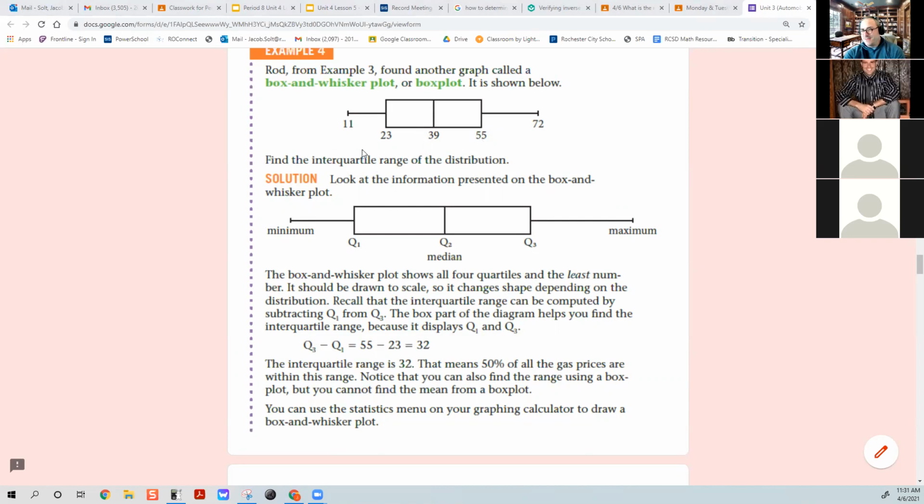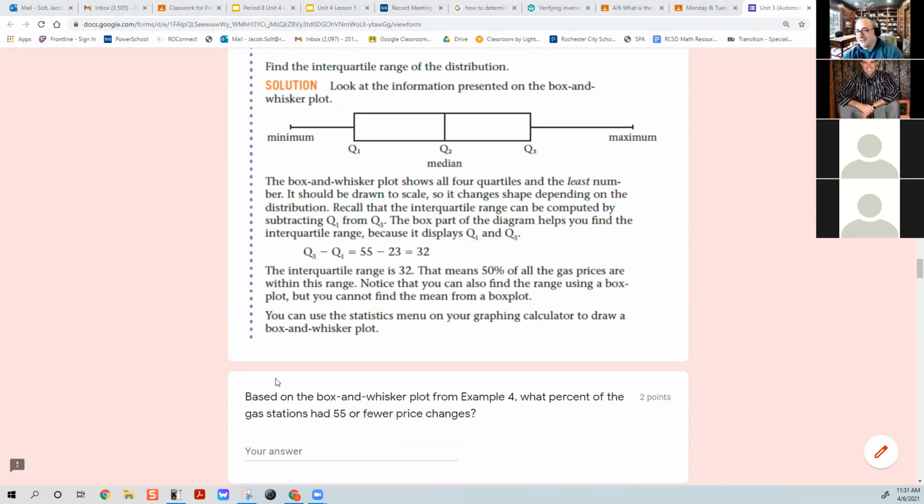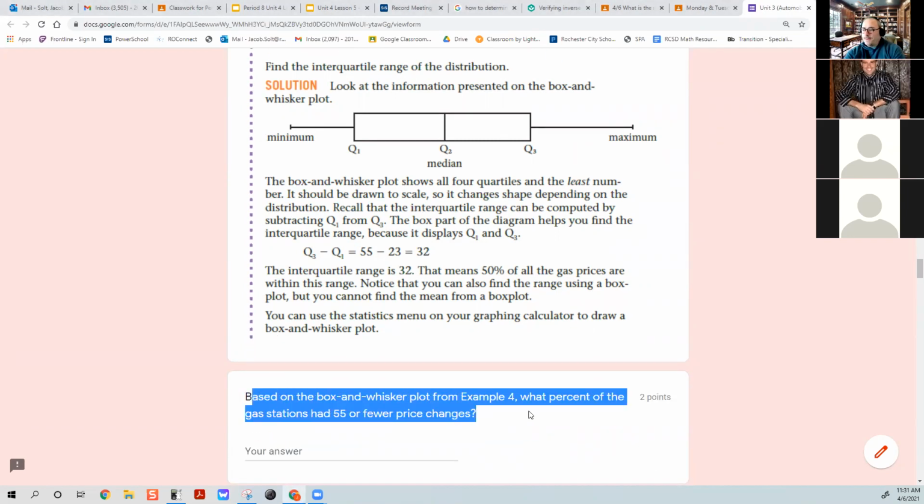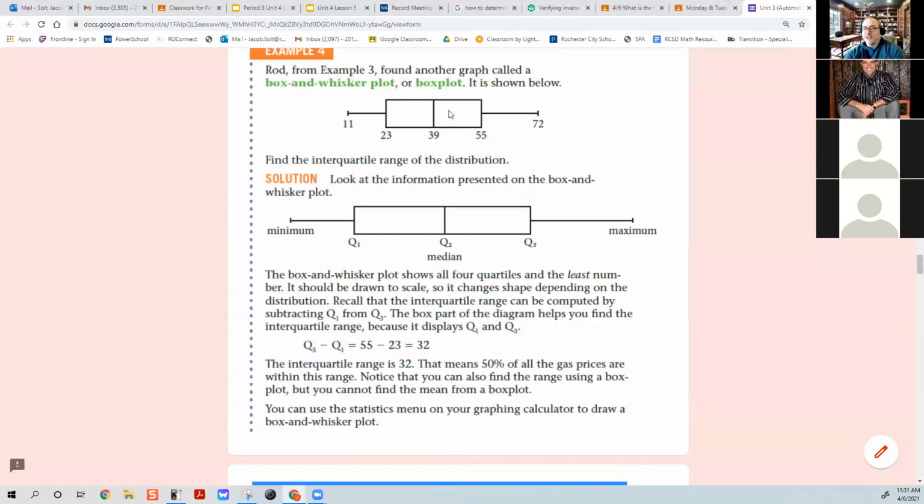I'm asking the question, trying to answer this question down here. Based on the box and whisker plot from example 4, what percent of gas stations had 55 or fewer price changes? So we have to look at this box and whisker plot and determine what percent of gas stations had 55 or fewer price changes throughout the year.